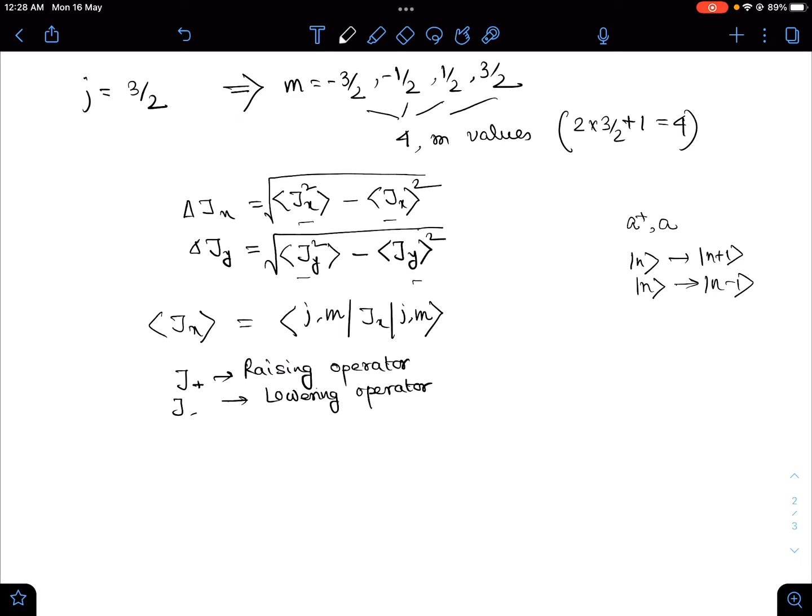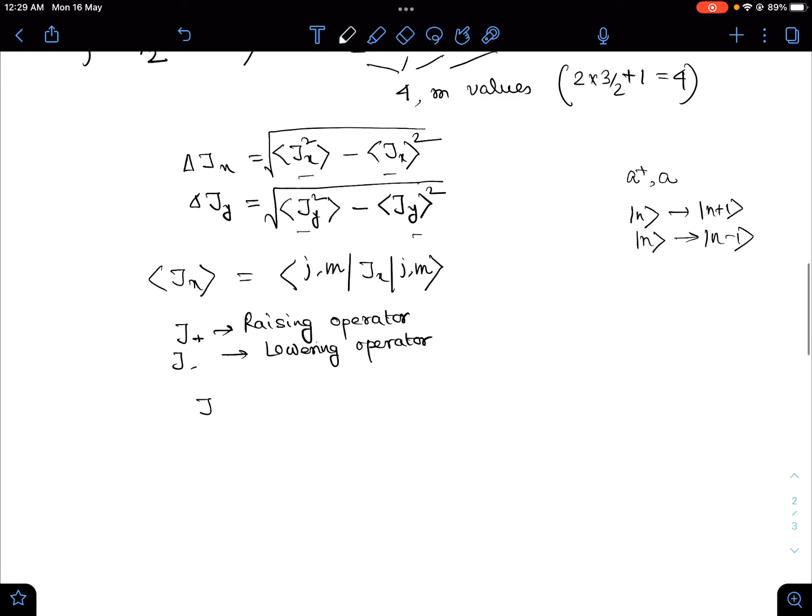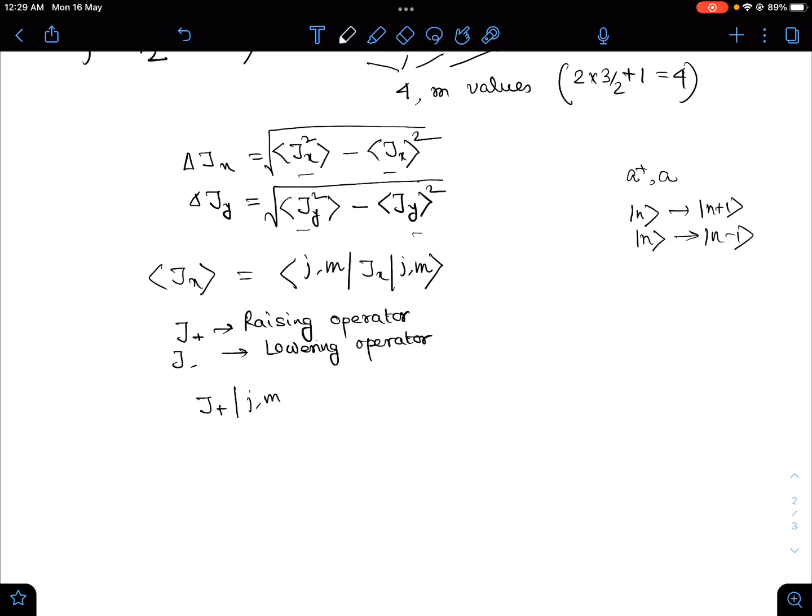Similarly, in angular momentum, if J plus acts on the |jm⟩ state, it gives ħ root of (j minus m)(j plus m plus 1) and brings the state |jm⟩ to |j, m+1⟩.